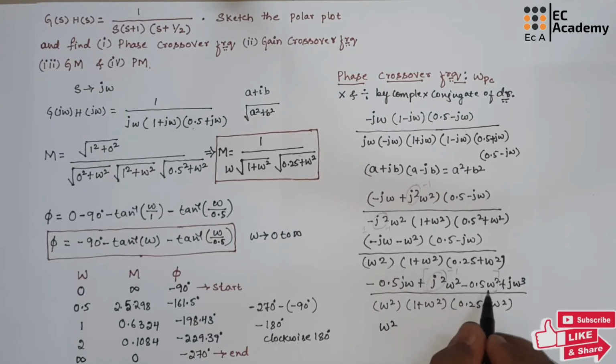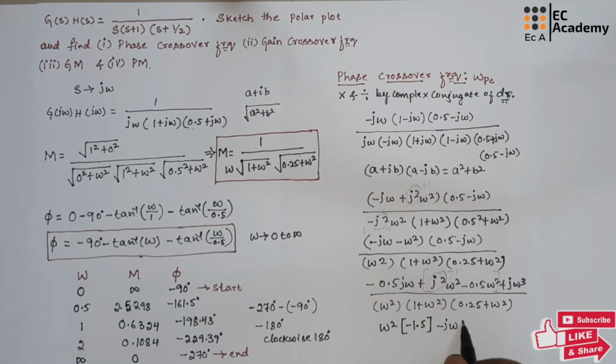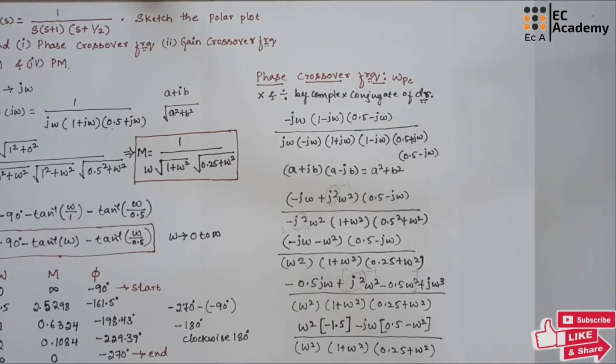If we take omega square as common in these two terms, we will be left with minus 1 minus 0.5, so it will be minus 1.5. In the last two terms, if we take minus j omega as common, we will get 0.5 minus omega square, whole divided by omega square into 1 plus omega square into 0.25 plus omega square.